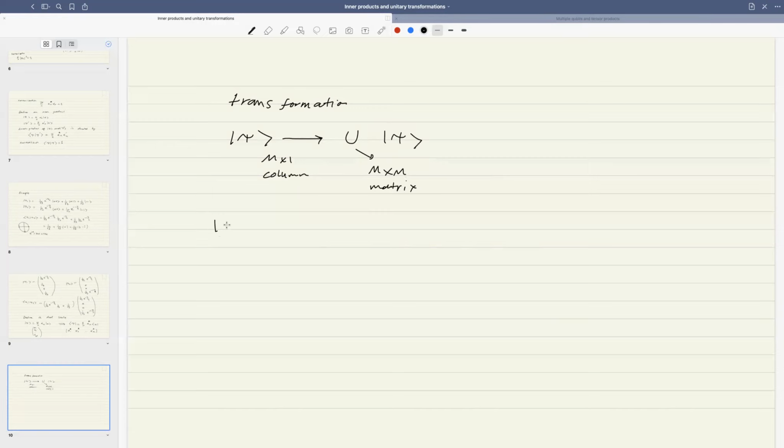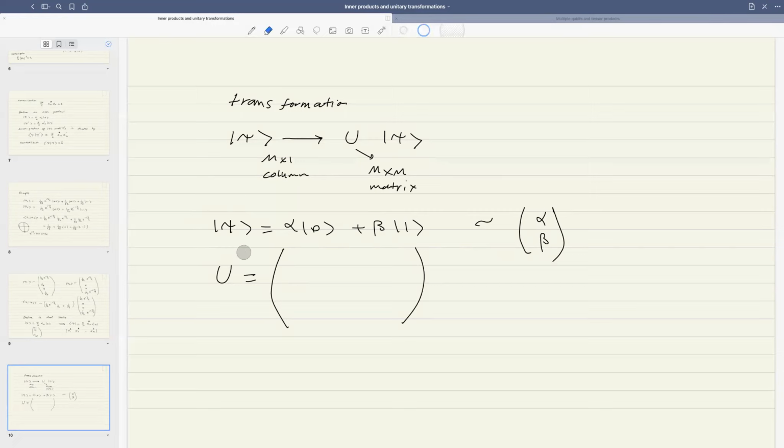So suppose, I don't know, just take one qubit, let's say psi is alpha |0> plus beta |1>, which you represent as alpha, beta. U in general is going to have a representation that looks like this: U11, U12, U21, U22.